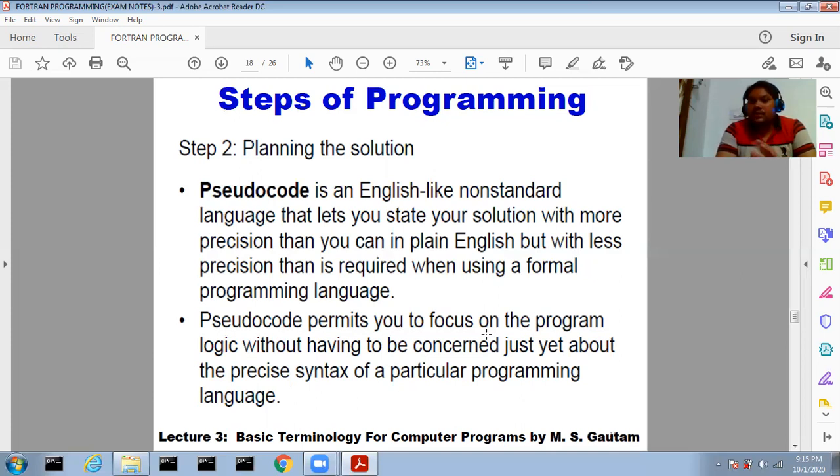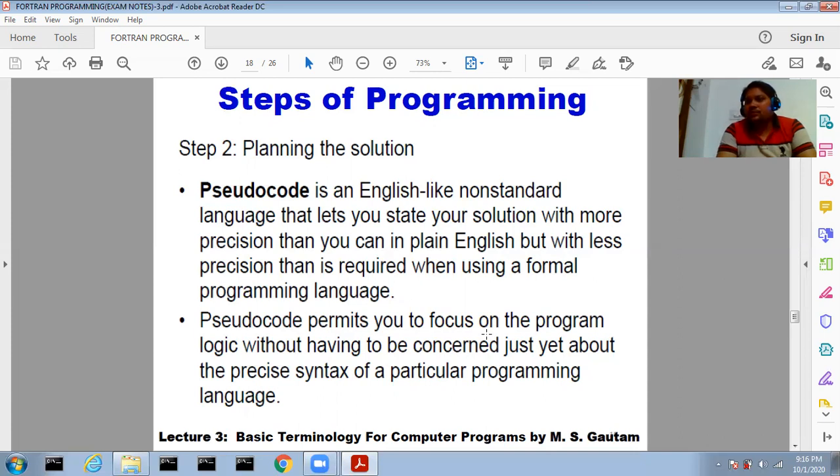We just make a rough structure, a rough map of the program, and to make this rough structure, a particular language or code is used, and that depends on its user, the programmer.